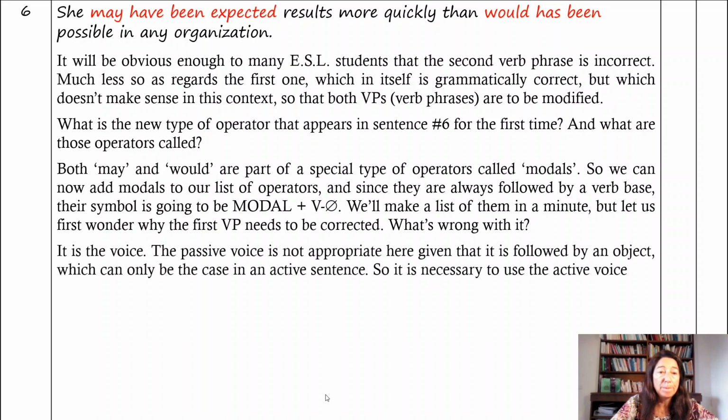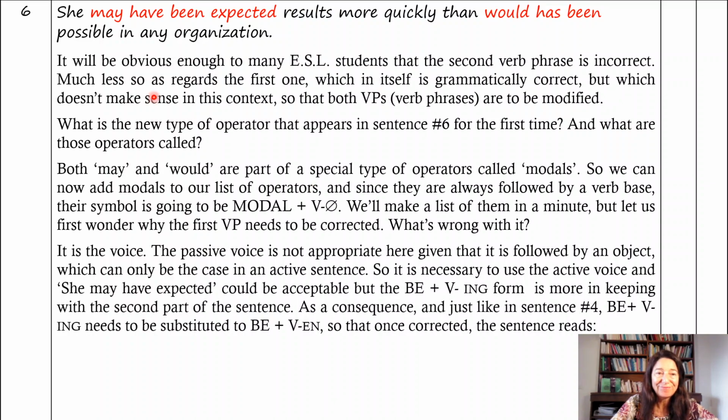So in this case, we have here the passive voice, be plus VEN. That's the passive voice, and that's what doesn't make sense here. Therefore, we cannot have be plus VEN, and we need to use instead, just as we did already in sentence 4, be plus VING.